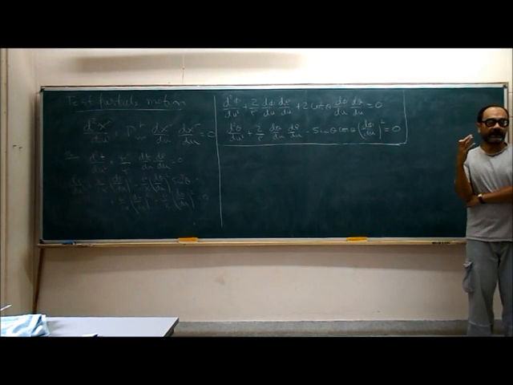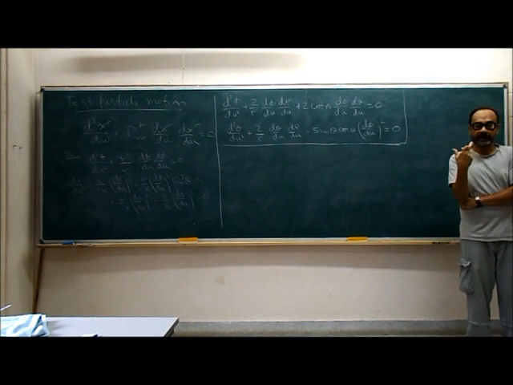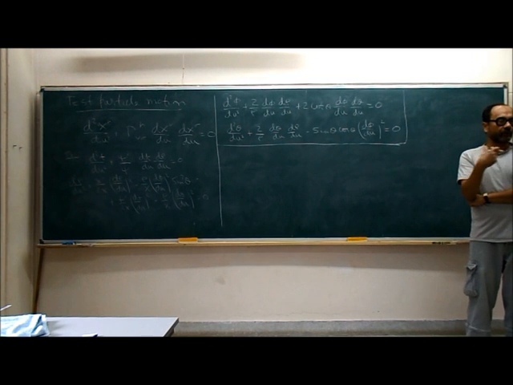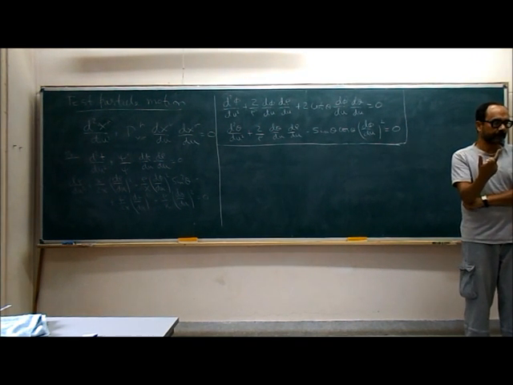Now, if you remember, the way we first solved the central force problem is that it's useful to think of the motion in a plane, not in three dimensions. And the reason that we can take the motion in a plane is because of the conservation of angular momentum.